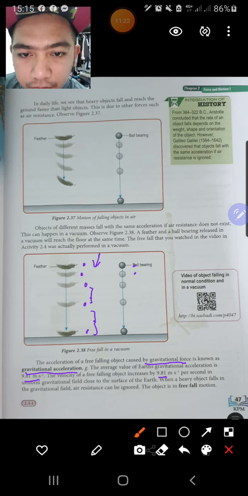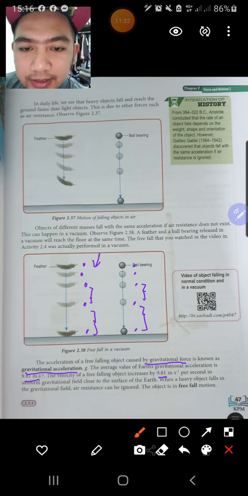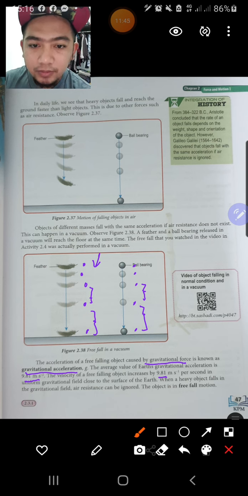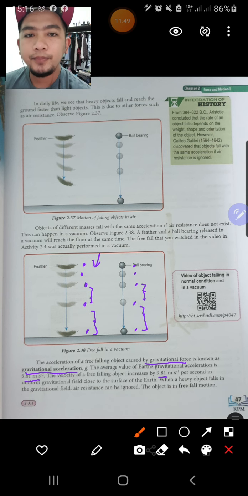When you do a dot, and this dot, so this distance show us there is an acceleration happen. That's why we call it as gravitational acceleration. And the average value is 9.81 meter per second square.